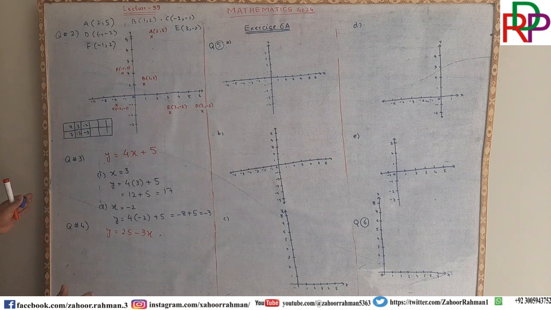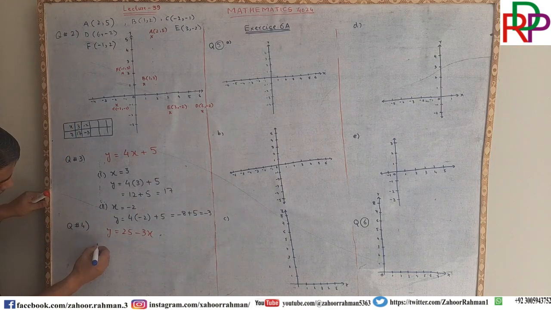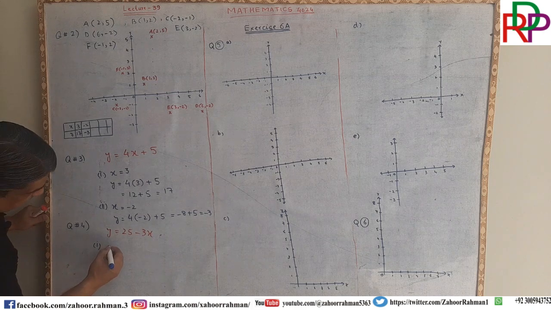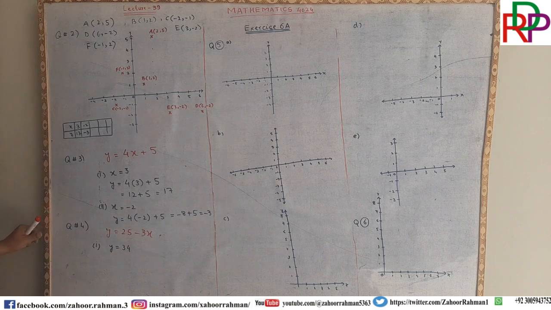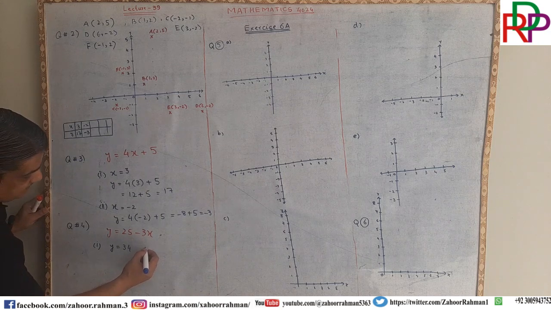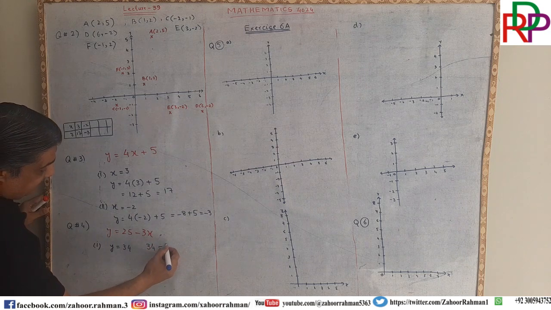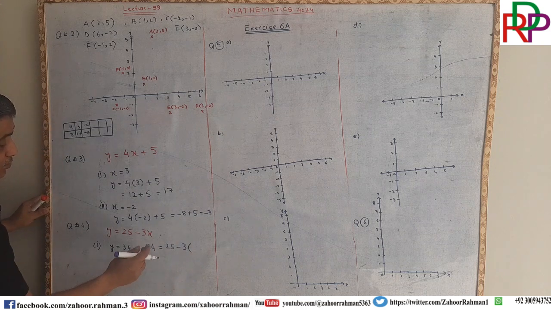Now in this case, if you are finding the value of x, don't be confused. When y is equal to 34, you have to put this 34 instead of y, and then 25 minus 3 into x.